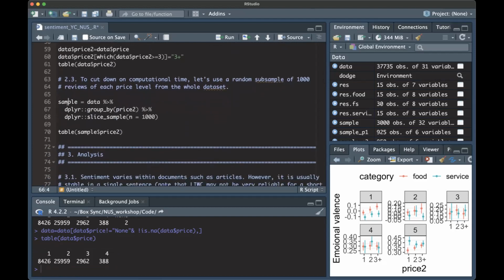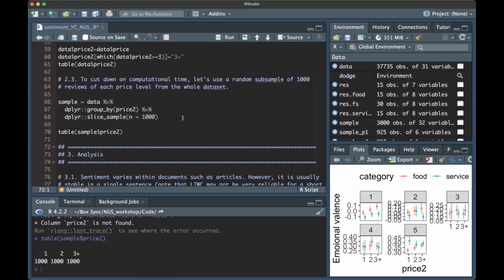The next step is to cut down computational time. So let's use a random subsample of 1,000 reviews of each price level from the whole data set. But when you adapt this code for your own data set, you don't need to do this random sampling; this is just for the efficiency of our workshop.